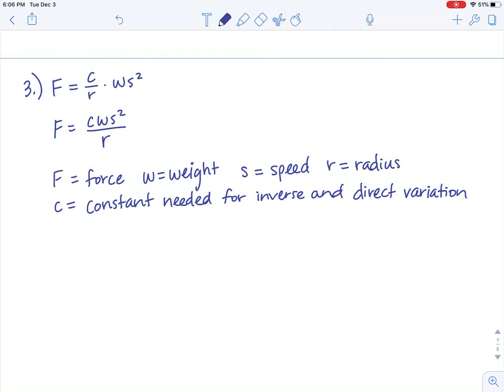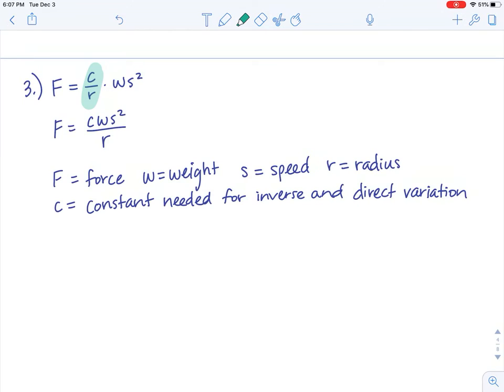For number 3, it says that force is varying inversely with the radius r of a curve. So that's why we've used division right here.